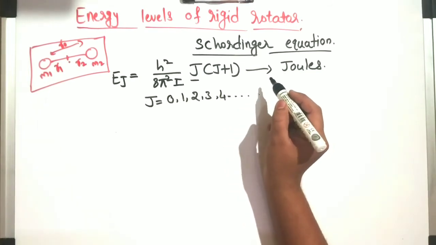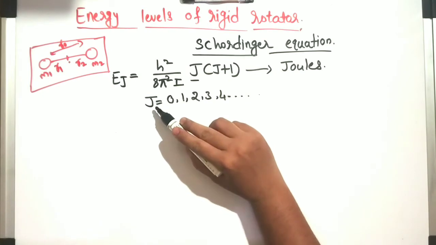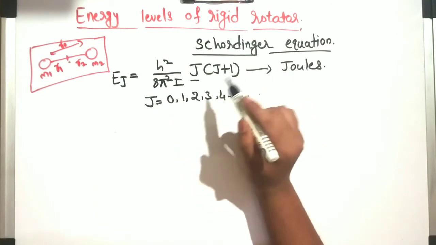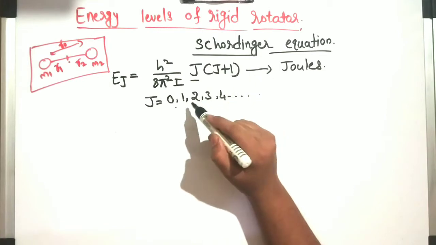In the principal quantum number, the values never start with a 0. It will always start with a 1.